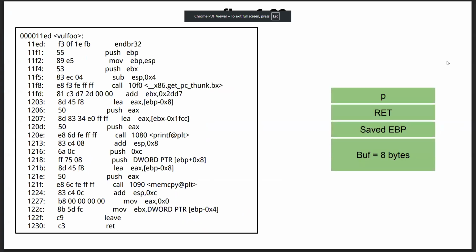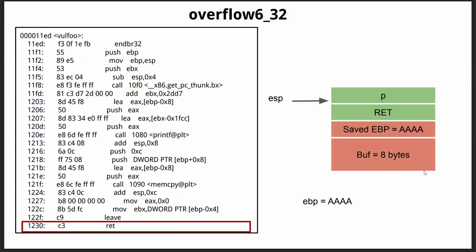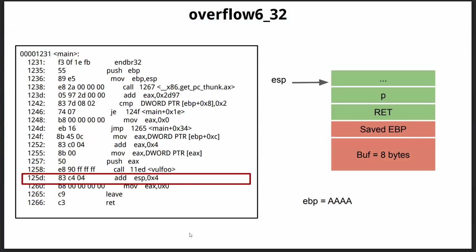Okay, so a little bit of animation here. We have buffer 8 bytes, and we have the saved EBP. Let's say we overwrite it with 4 8s. Then after the return, we will return to the main function, and the main function has an add 4 bytes to ESP. So ESP will point to somewhere here.